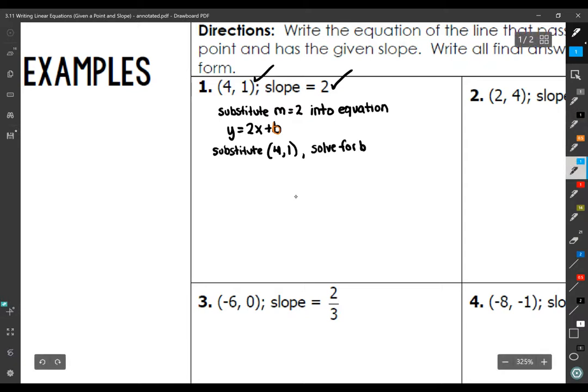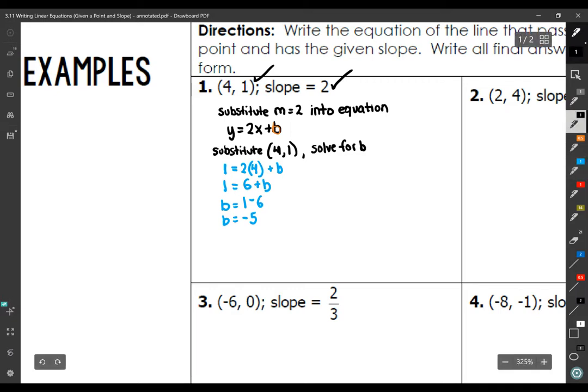So again, remembering that my first number is x, my second number is y. I'm going to put 1 in for y. 2 times x is 4, plus b. Now I'm going to isolate. 1 is equal to 6 plus b. And then finally, b is equal to 1 minus 6, which gives us negative 5.